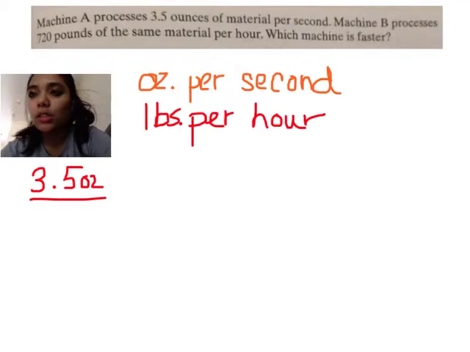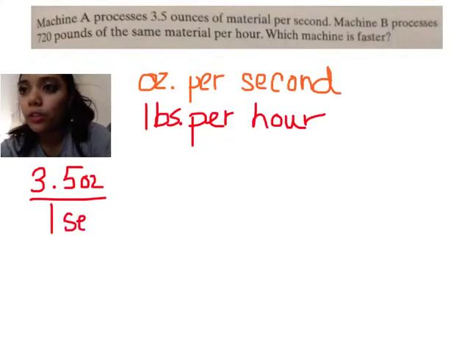We have ounces per second. Wow, my handwriting looks really bad on the screen today. Ounces per second and pounds of the same material per hour. So then we have pounds per hour.